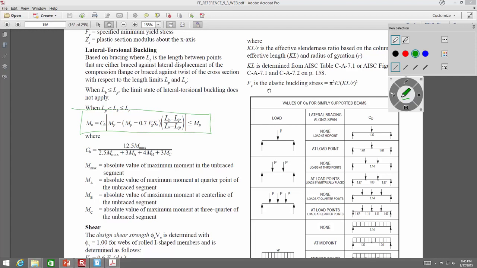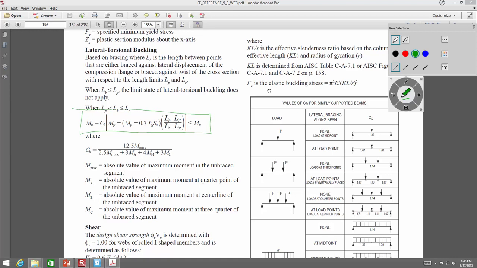Now, if you remember how the equation says Mn equals this term such that it is less than or equal to MP? Remember what that means is that no matter what your modifier does, no matter what CB does, it could be 2, it could be 986, whatever it does, you cannot go above MP. It's impossible, okay?